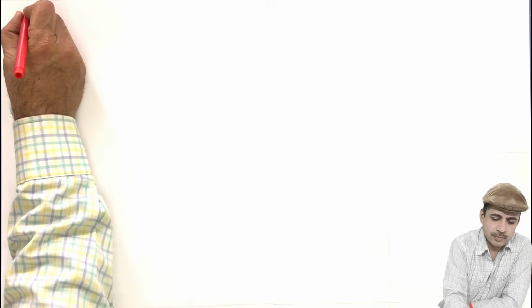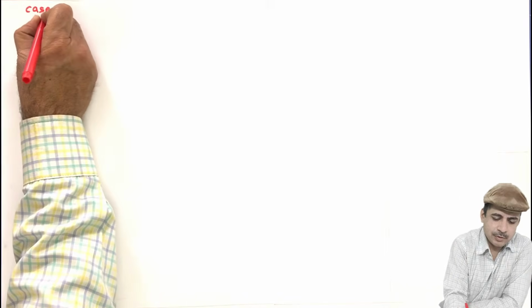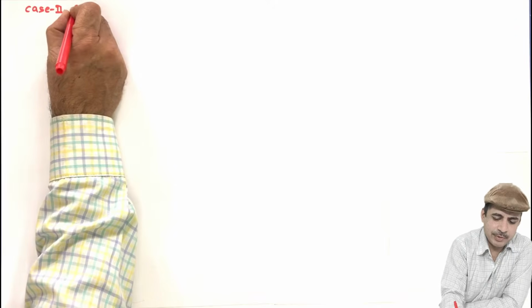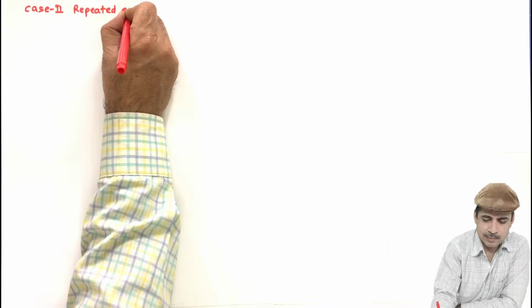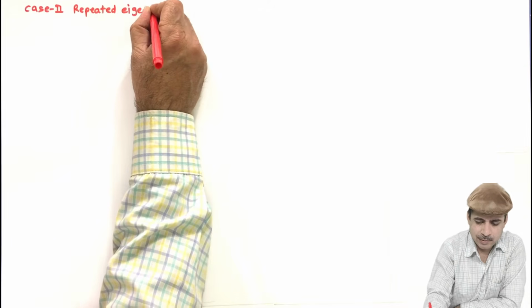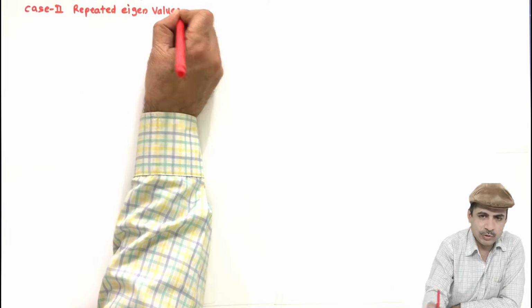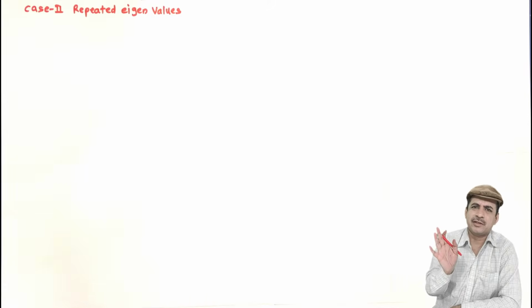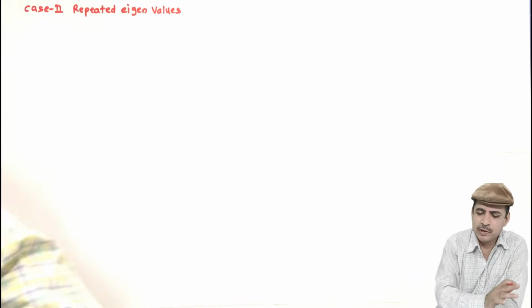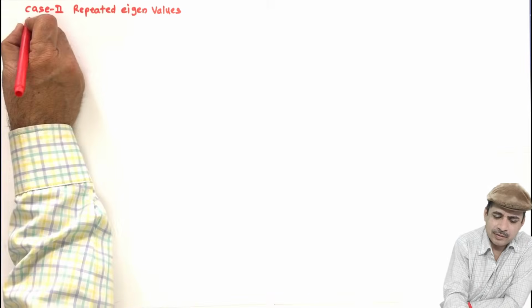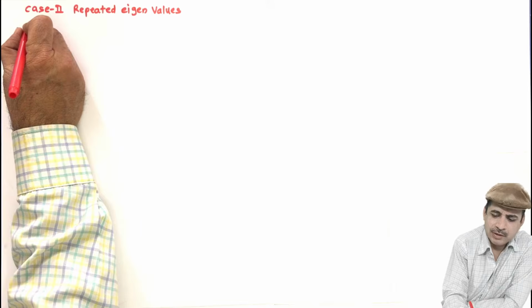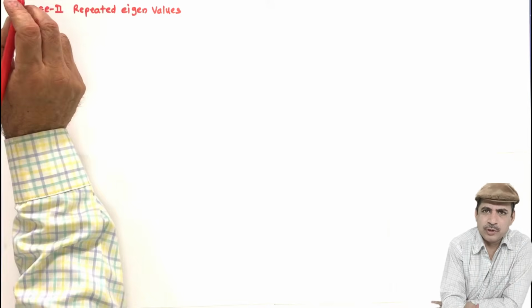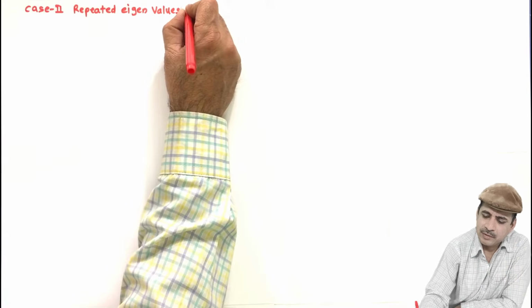Let us see the case 2. So case 2 is repeated roots, repeated eigenvalues. We will not enter into much complication, but what we will do is, say eigenvalues are two repeated, only lambda 1 is repeated.